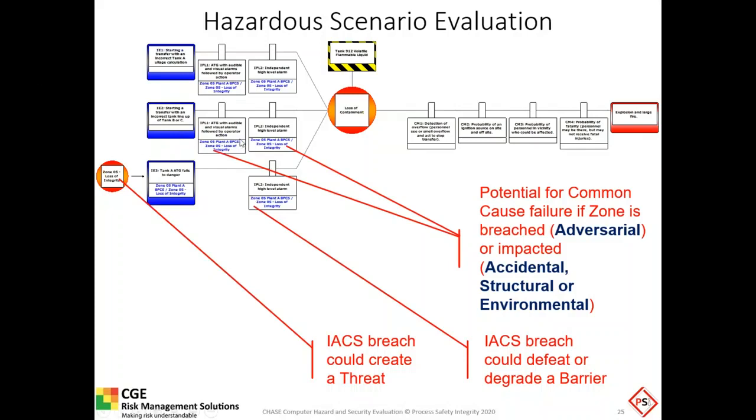Both these barriers could be lost, and you've then got no protection or no prevention from this particular threat. Similarly, a breach of the zone could lead to a threat. It could disable a control loop or instrumentation loop, and that in itself could instigate this loss of containment and the effects of that.